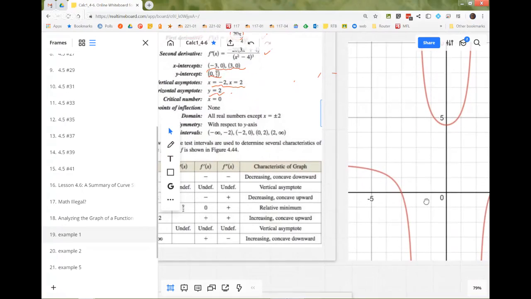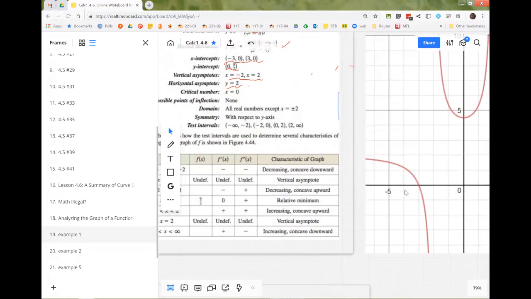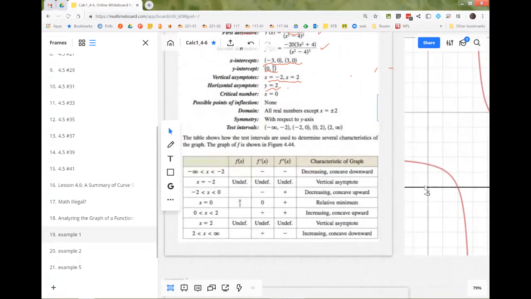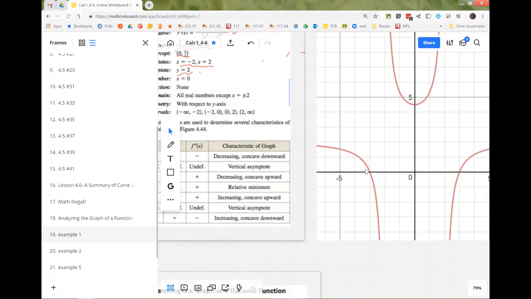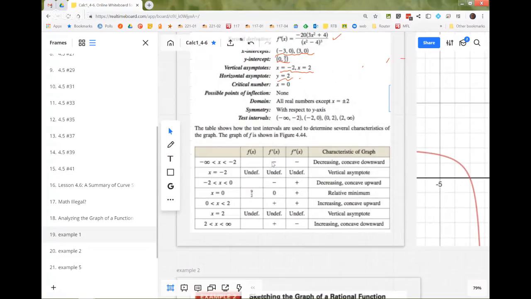And, oh yeah, what about concavity? Well, concavity is what? You can see from negative infinity up to negative 2, it's decreasing and concave down. That's this part. Again, we all got that from our concavity tests.